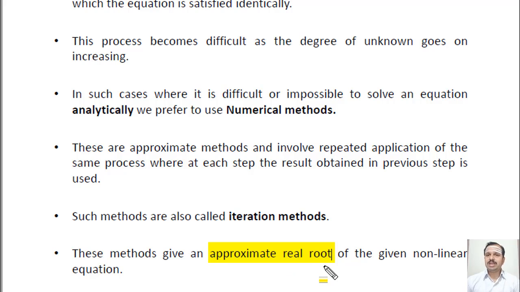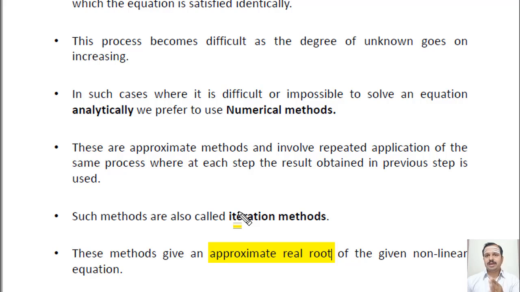So in this way we go on applying the iteration method and go on improving the value of the unknown, and we stop the process when the difference between two consecutive values of the unknowns is small.